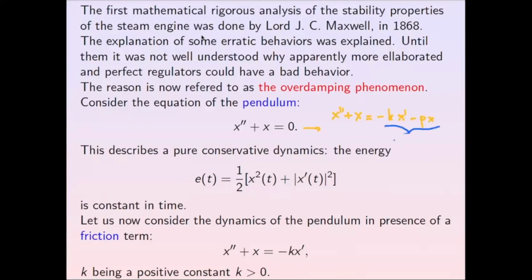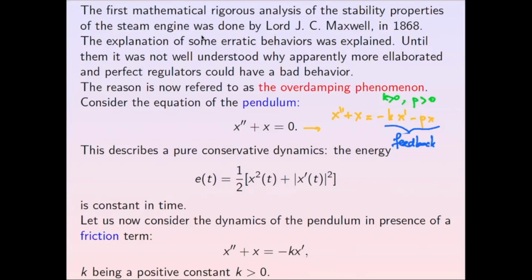This is a more sophisticated feedback mechanism, which is using both the position of the pendulum X and the velocity of the pendulum X prime in order to determine which force you are applying through this feedback law. Because you have two terms, the constants K and P can be chosen arbitrarily.